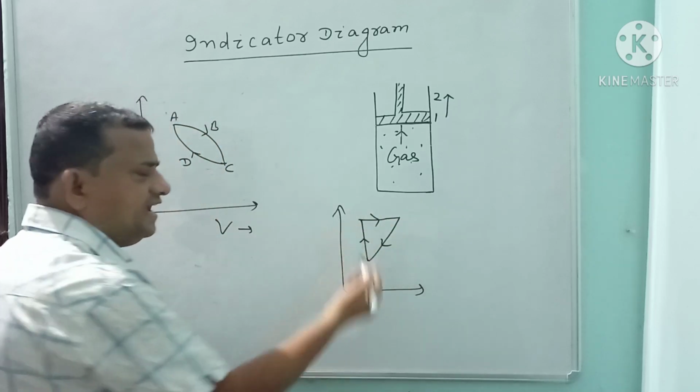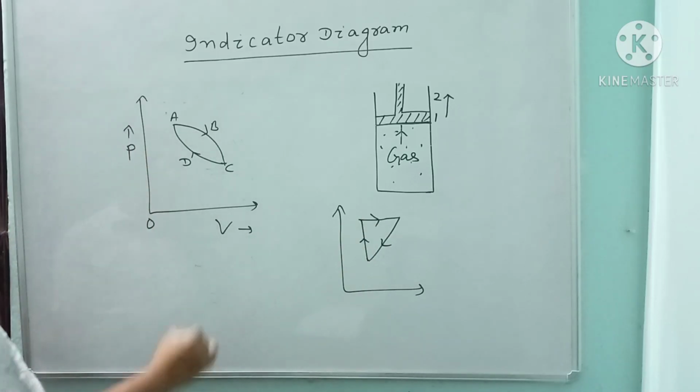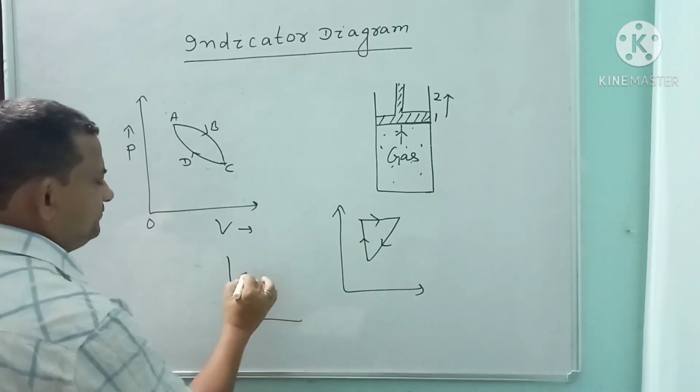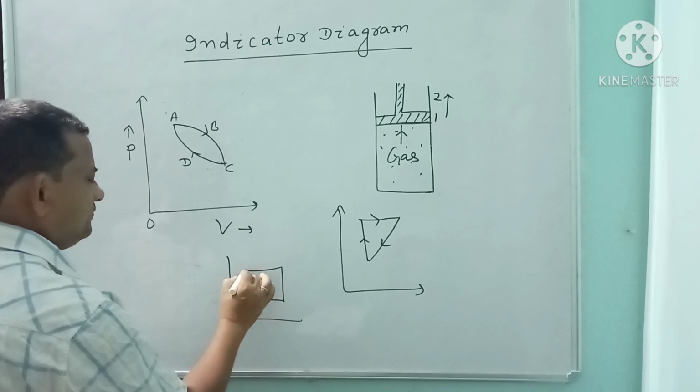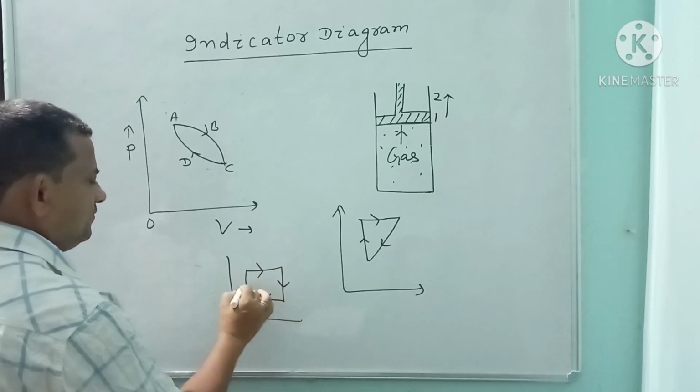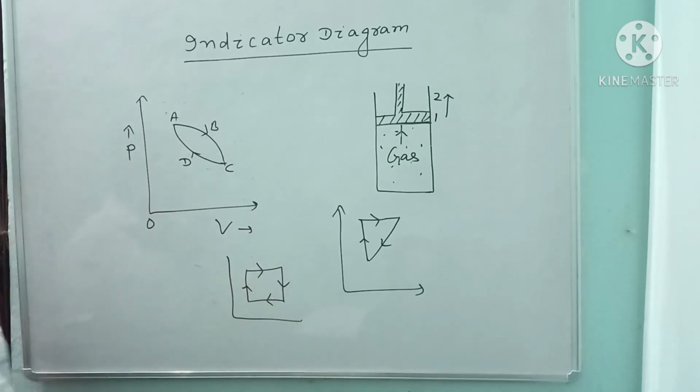It is also a cycle. Suppose I make like this. It is a cycle. I mean the starting point and the end point will be the same. So in this case, what is the work done?